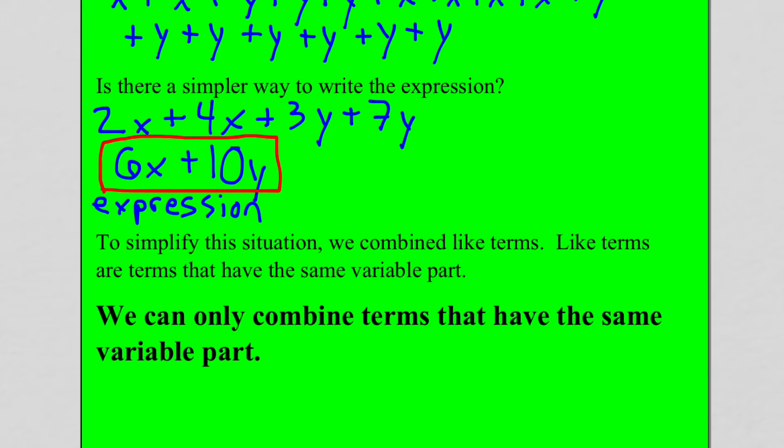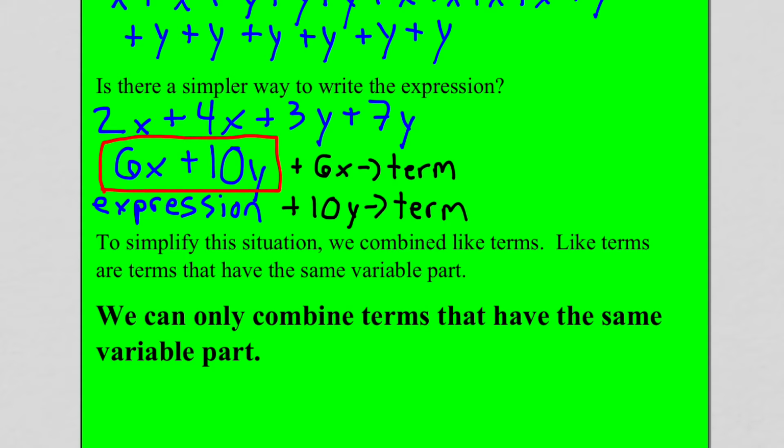Now, this whole thing is called the expression. When I'm talking about the 6x, that's actually a positive 6x, we call that a term. And the positive 10y, when we're just talking about one of these pieces of the expression, we call those things terms.